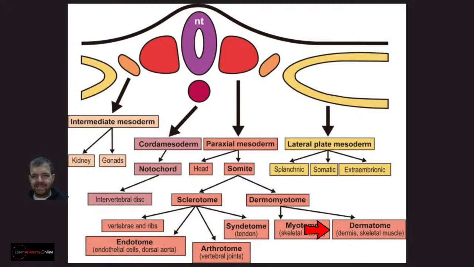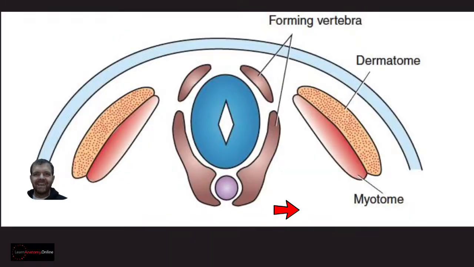So this region here is the one that we're interested in. But like I said before, embryology is just a whole year of this, all on its own. So this is the neural tube. These are the structures that will eventually form the vertebra, and then there's the layer of tissue cells that will form the muscle layer, and this is the layer of cells that will form the skin.